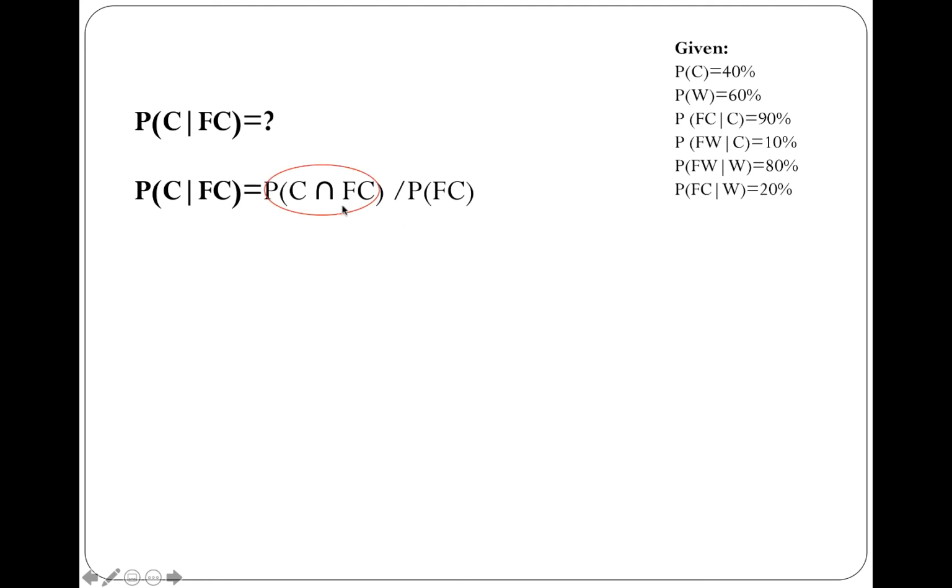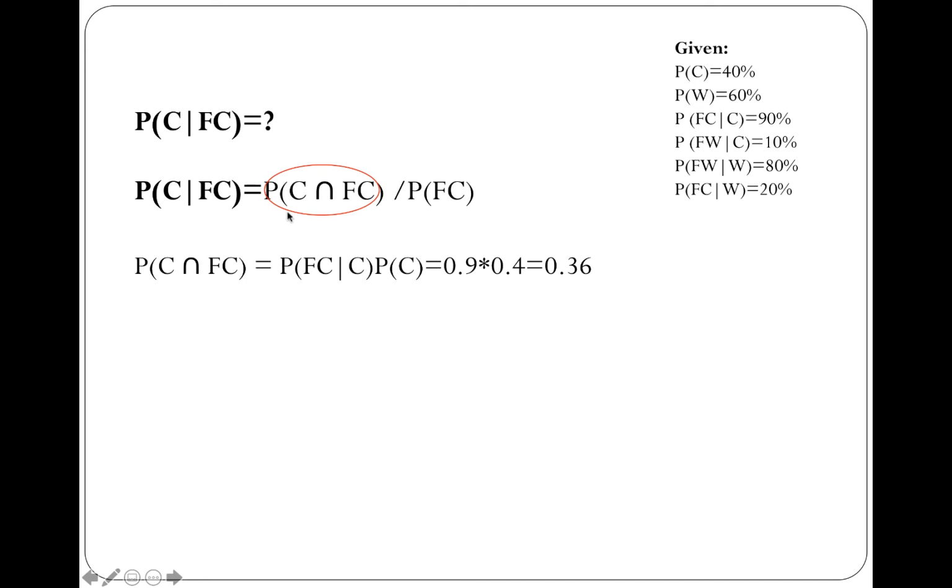Let's try to calculate the probability of C intersection FC. Again, from conditional probability, I can rewrite this as the probability of FC conditional on C multiplied by the probability of C, right? We learned that from the conditional probability formulas.